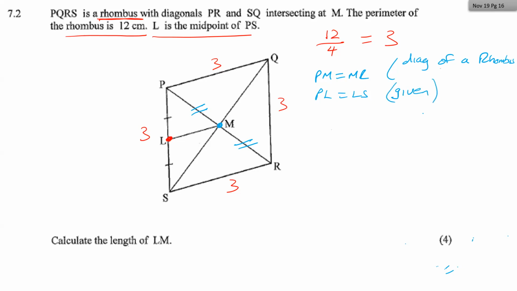Therefore, you can now conclude that LM is equal to half of SR. In other words, take 3 and divide it by 2, which will give you 1,5. And right now you can say, reason: midpoint theorem. That will give us our 3 marks.